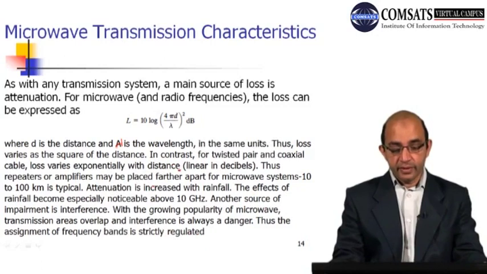So we need repeaters or amplifiers at a greater distance, as opposed to microwave transmission, when we are using twisted pair or coaxial cable. So you can see 10 to 100 kilometer.